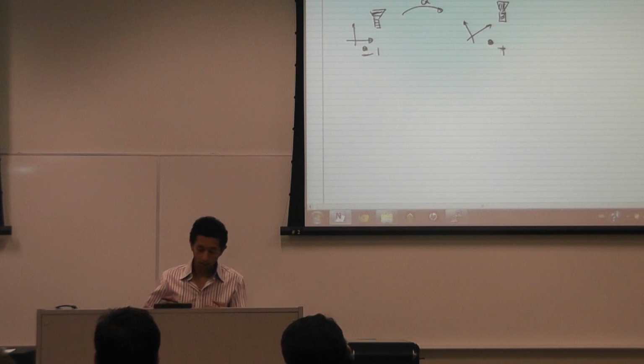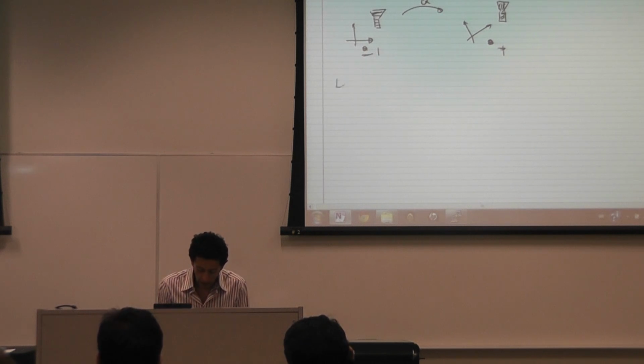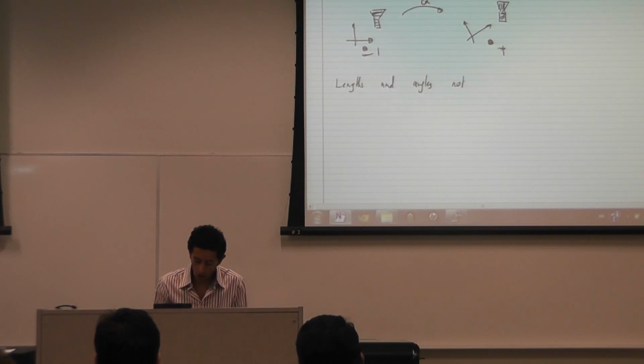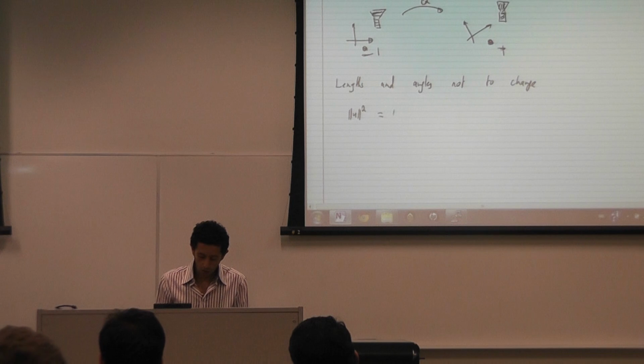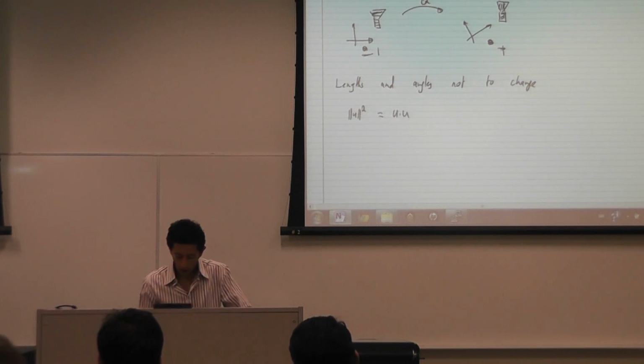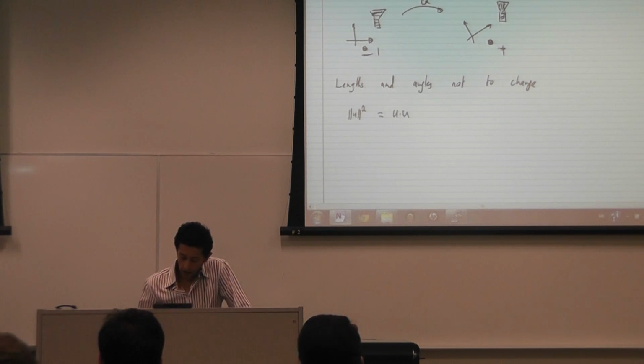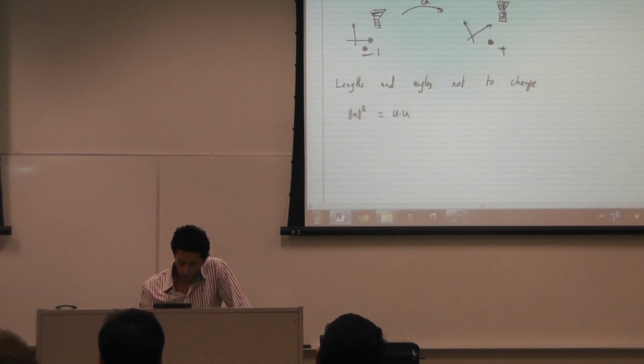The first is, of course, I expect the length and angles not to change. I know that the size of u squared is equal to u dot u. In the new coordinate system, the size of u prime squared is equal to Qu dot Qu.